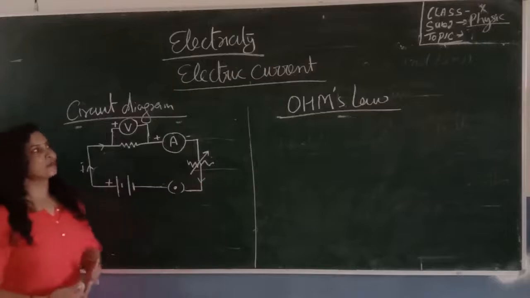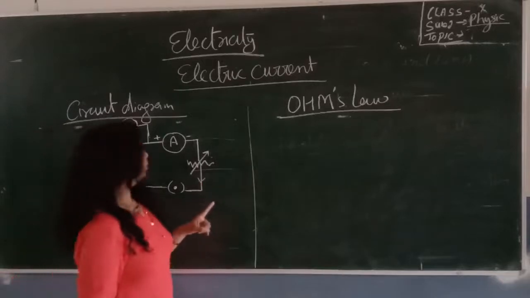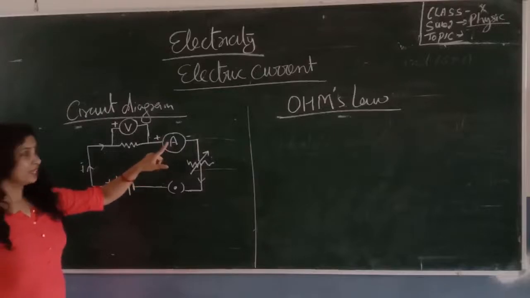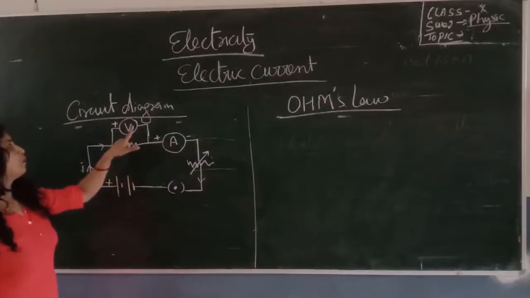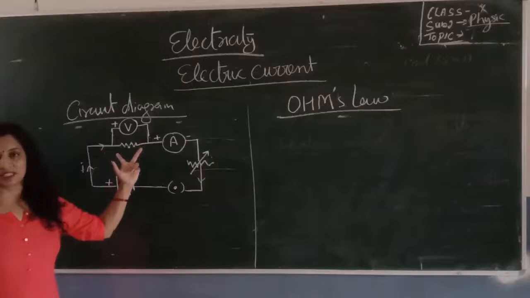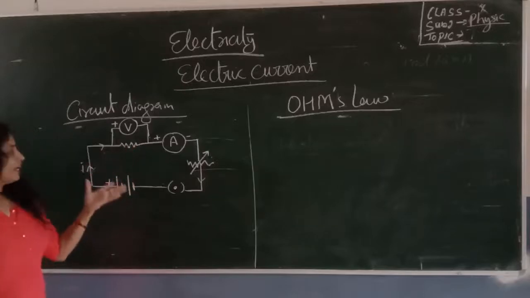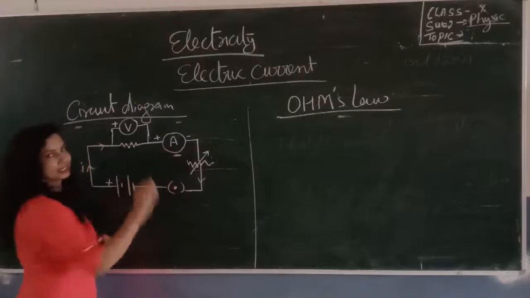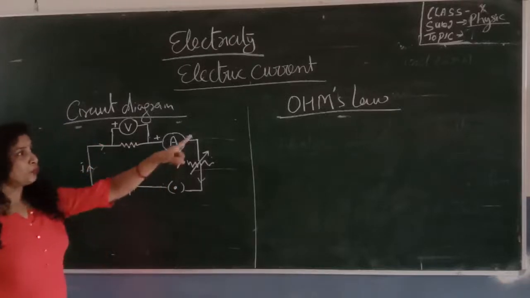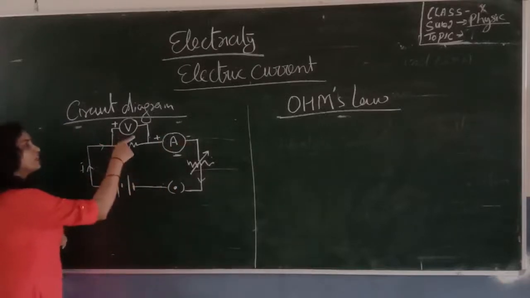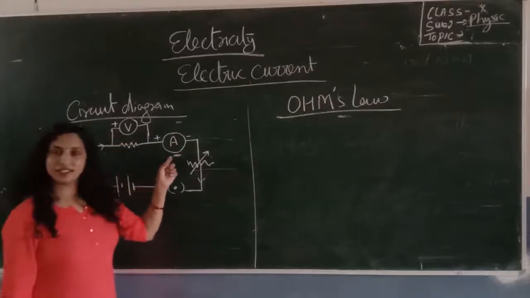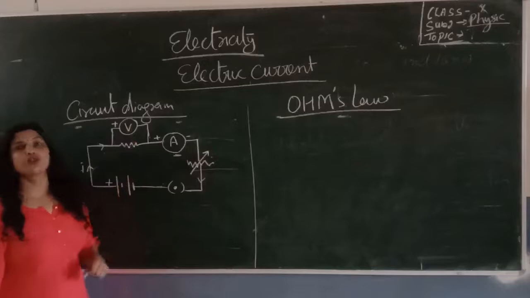So we can say at constant temperature the current flowing through the wire is directly proportional to the potential difference across its ends. What does it mean? It means that if we increase the current in the circuit, then according to Ohm, the potential difference will also increase. And if we decrease the current in the circuit, the potential difference also decreases.